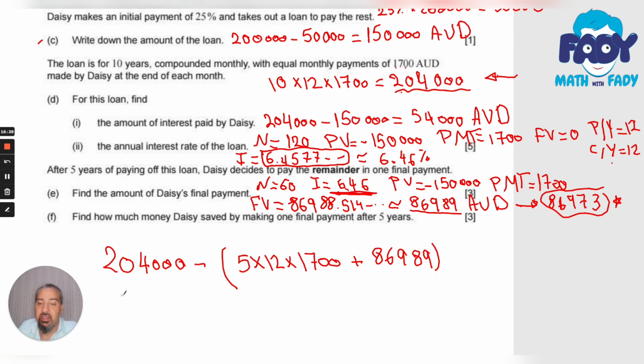When we calculate this, we will get 15,011 AUD. This is how much she will save if she pays this remaining money.